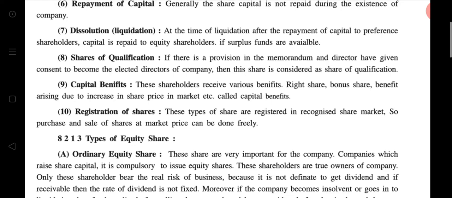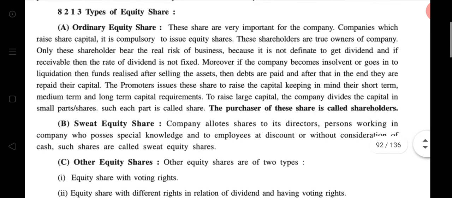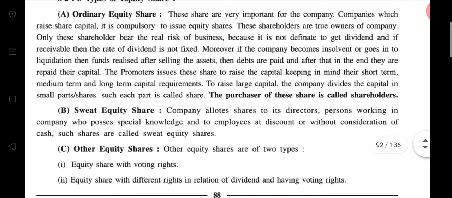Done. Now types of equity share. You just have to revise, not go into detail. And read this only for the purpose of easily understanding the difference between equity and preference.